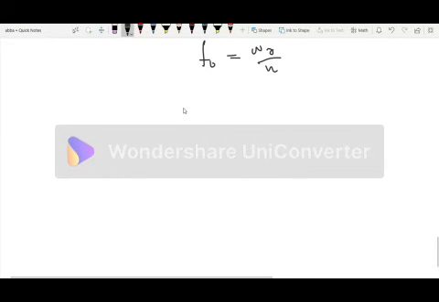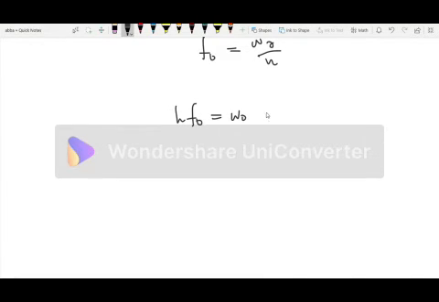So now for a particular material, the photoelectron hf, you can put this as hf0 equals work function plus your kinetic energy. I like putting EK max, like that.